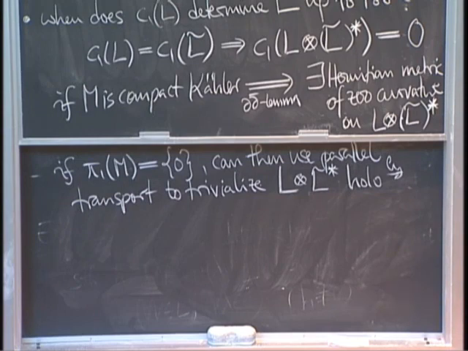So in a compact Kähler manifold which is simply connected, it's actually true that the Chern class determines the line bundle. So in particular in projective space.